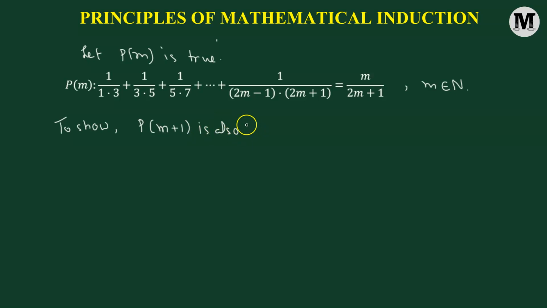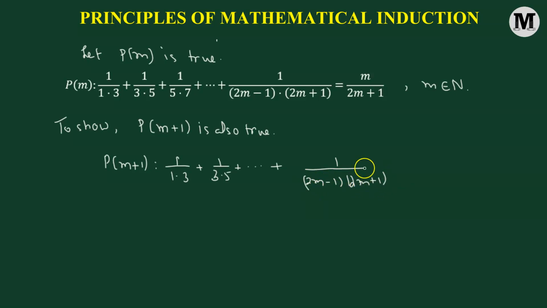Which means that we need to show that P of m plus 1, so this is going to be, we'll take the first term, which is 1 over 1 times 3, added to the second term 1 over 3 times 5, going all the way up to 1 over 2m minus 1 multiplied by 2m plus 1. Now we'll have to substitute this m value with m plus 1.